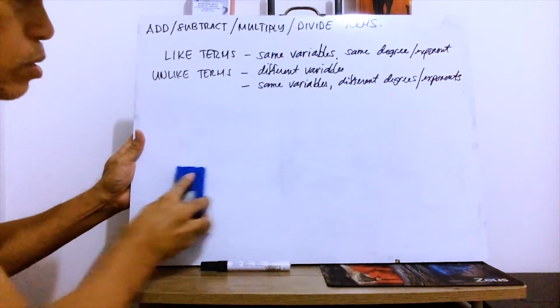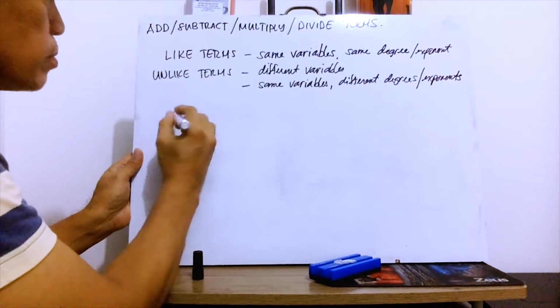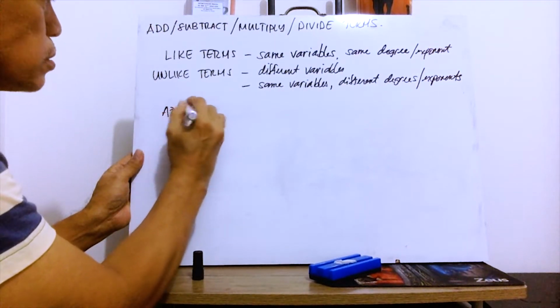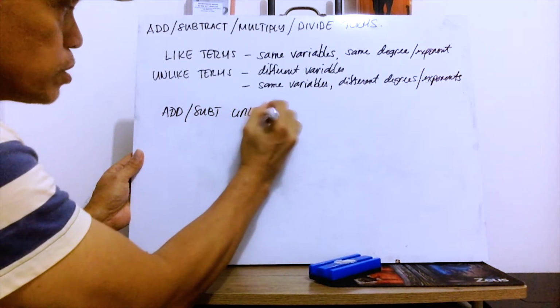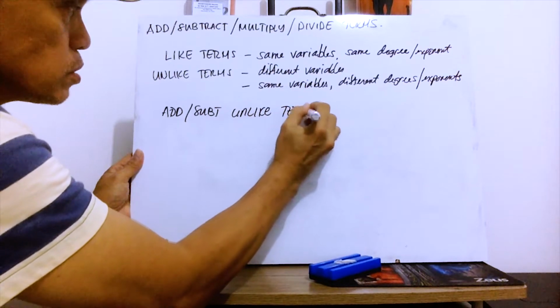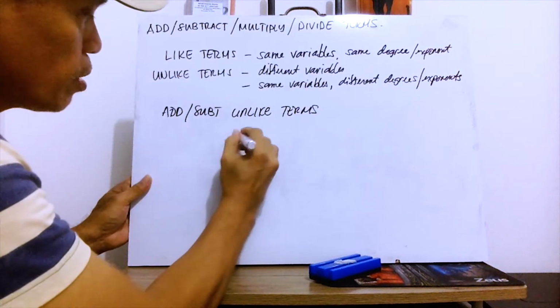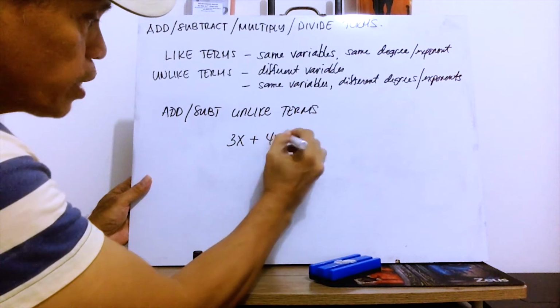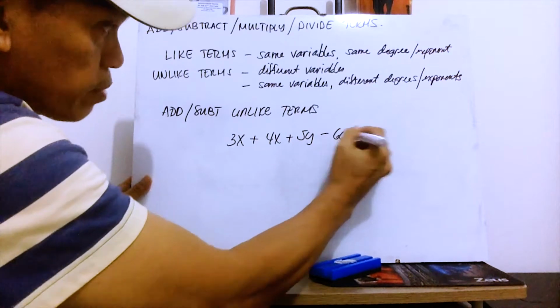Okay. What if it's unlike terms? Add or subtract unlike terms. What do we do when the terms are unlike? 3x plus 4x plus 5y minus 6y.